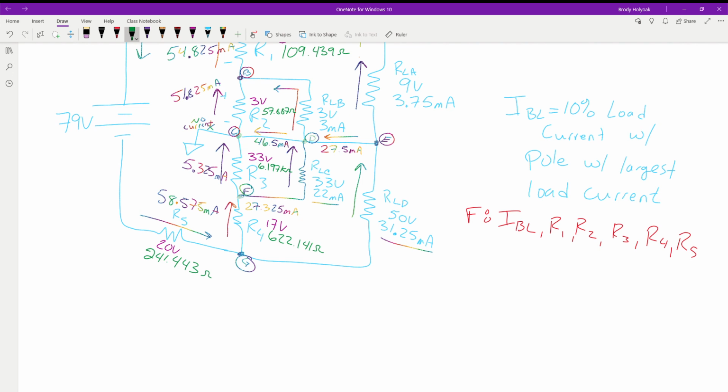Did I calculate that wrong? I just wrote it down wrong. 300. Yep. That's on the scope. So 341 ohms. Okay, and now the bonus round. Bonus round.